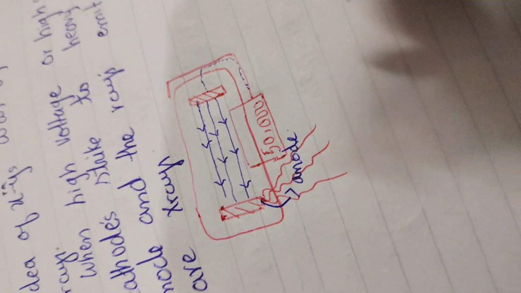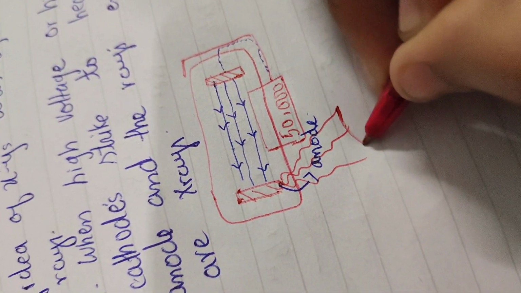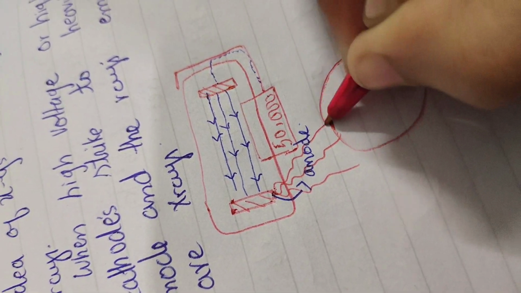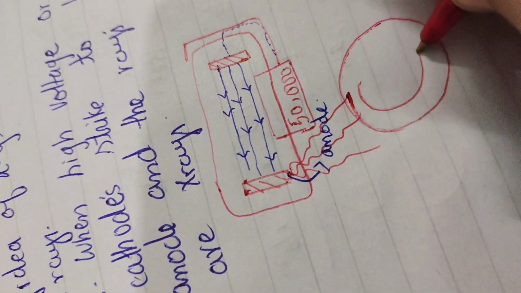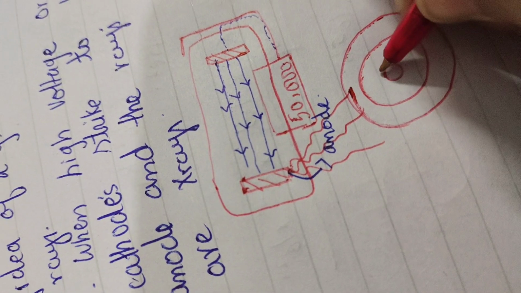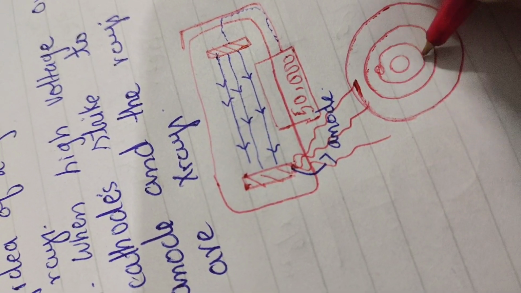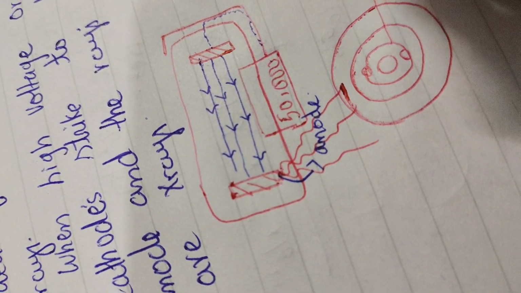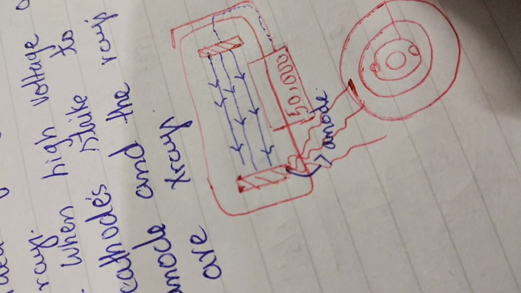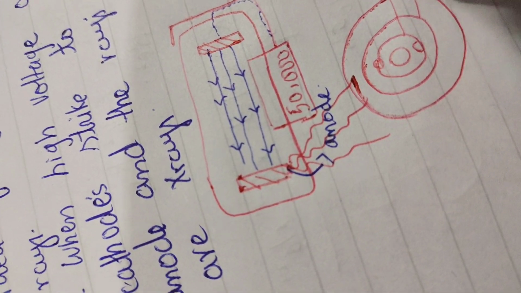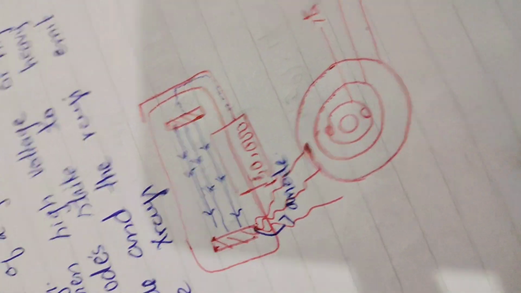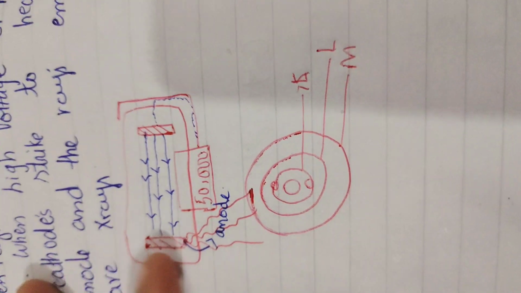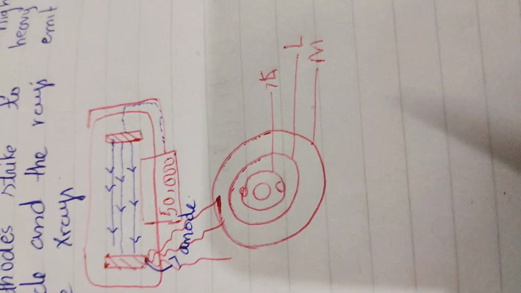Alright, how they're gonna produce, we're gonna understand it by the atomic model. For example, we have the K, L, M shells. I have written the names of the three shells as well.